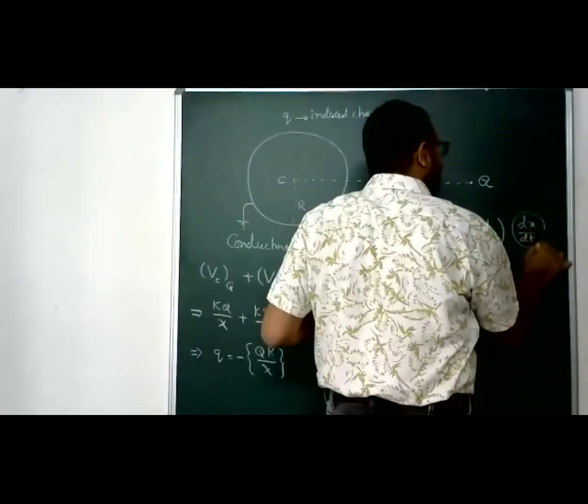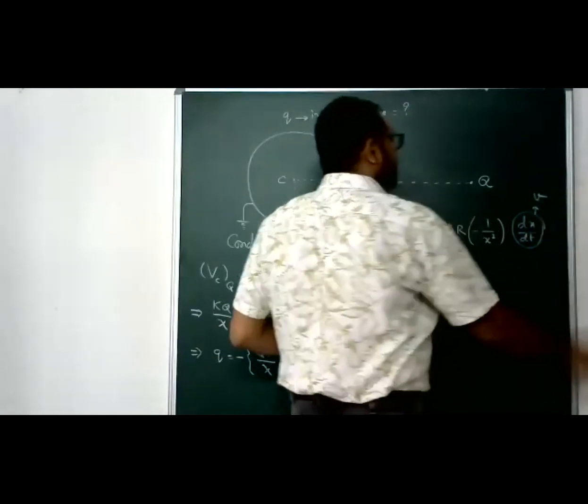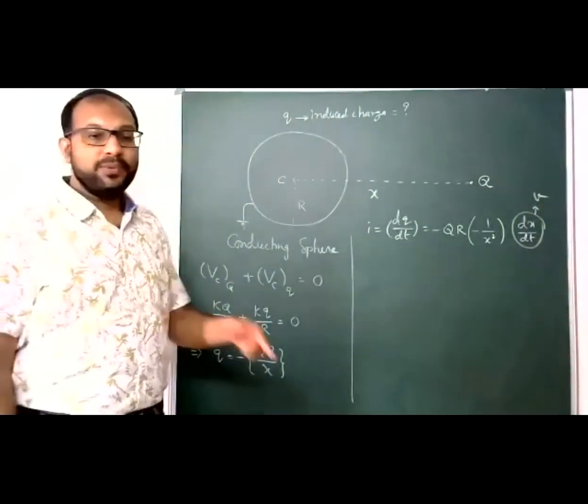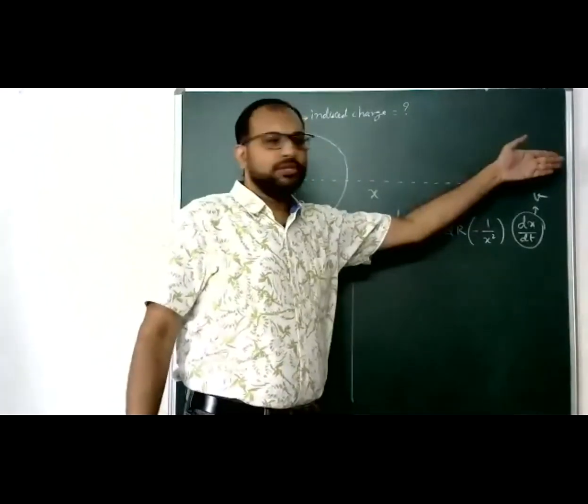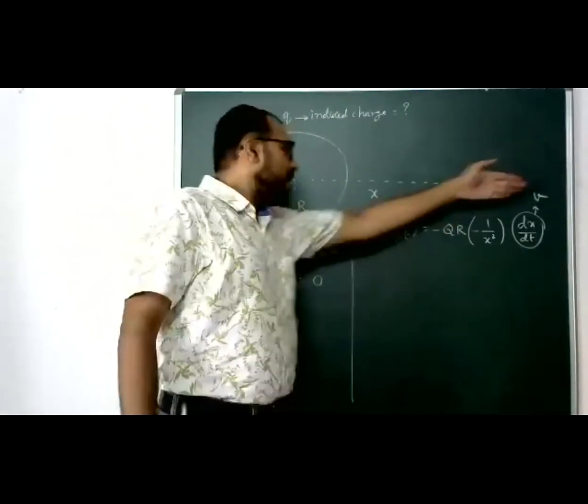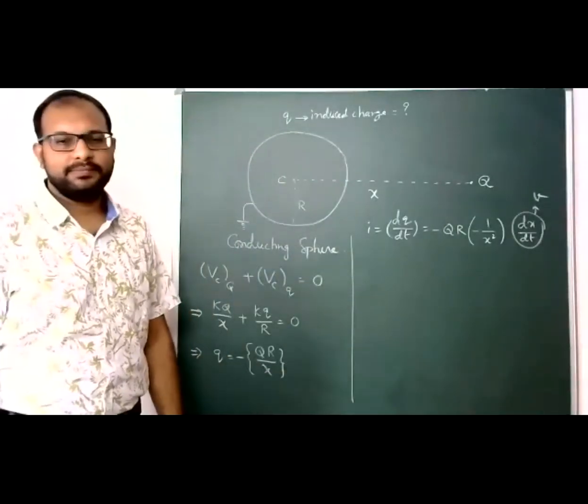dx by dt is nothing but the velocity of this point charge. This may be positive, meaning away from the center, or negative, towards the center.